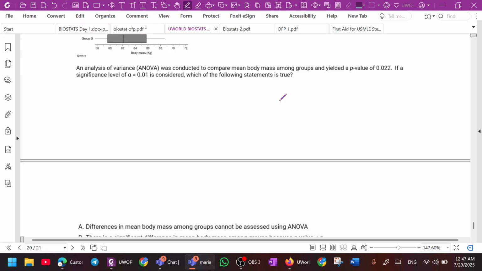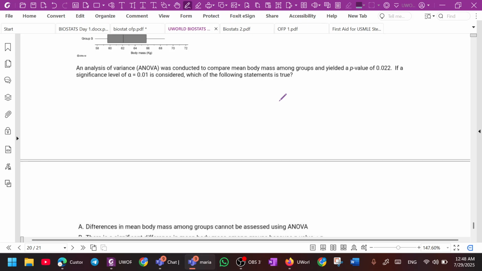Is it D? D as in dog. Yes. Okay, so there is no significant difference in mean body mass among groups because p-value is less than alpha.